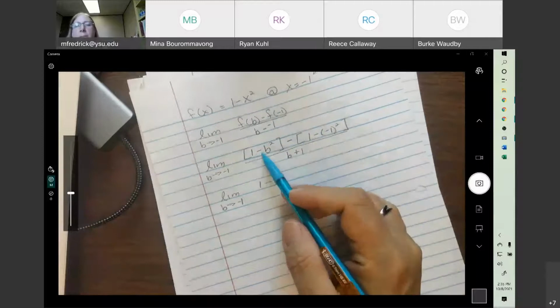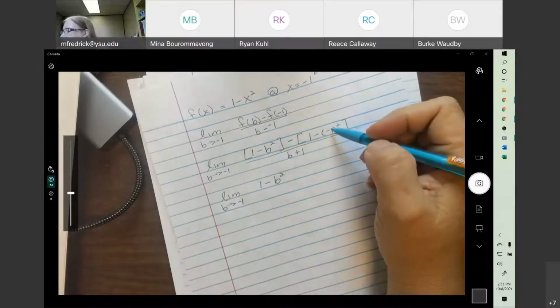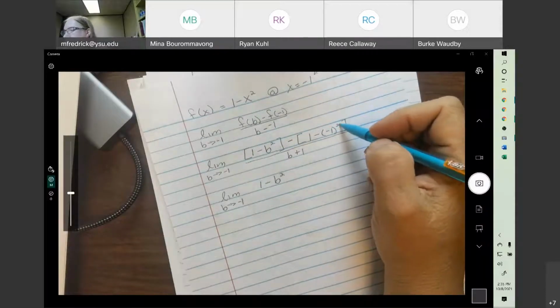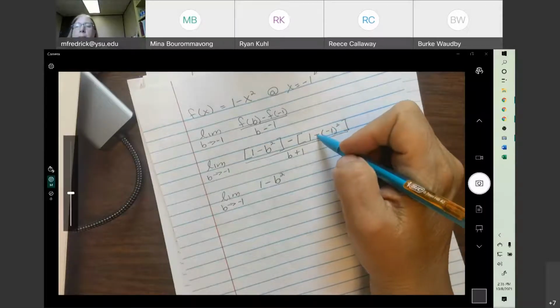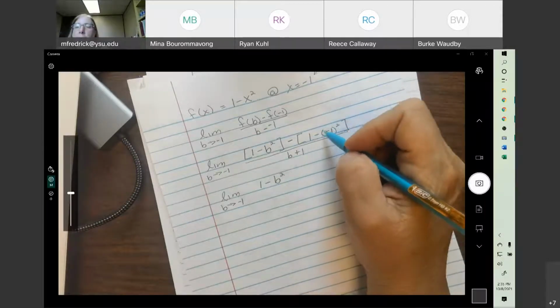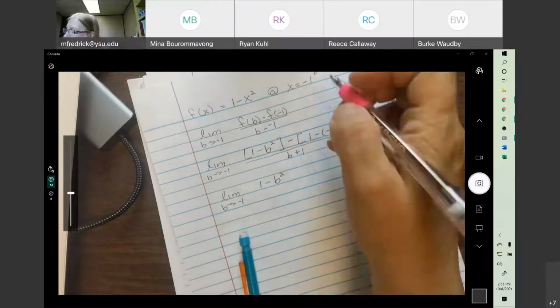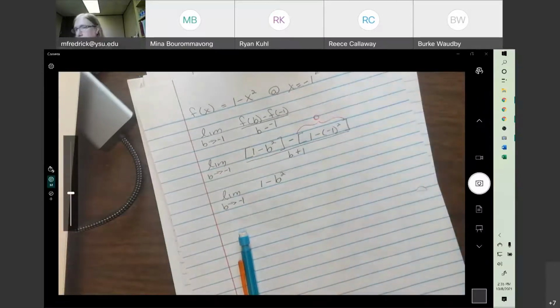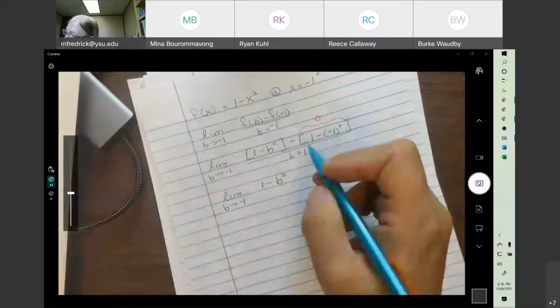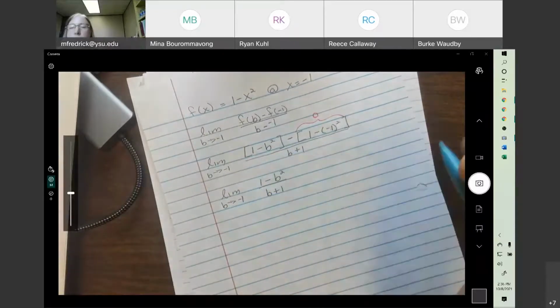So here we have 1 minus b squared. When you calculate this, you need to be careful. This exponent is first, so negative 1 squared is a positive 1, and this makes it a negative 1. So 1 minus 1, this is 0 again, all over b plus 1.